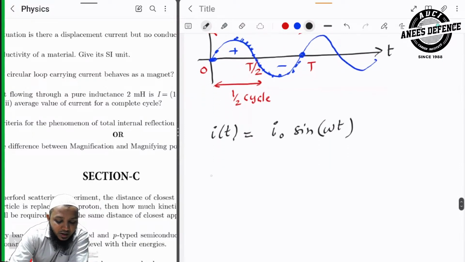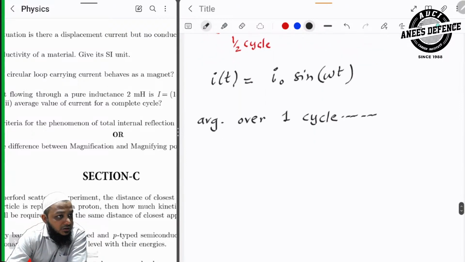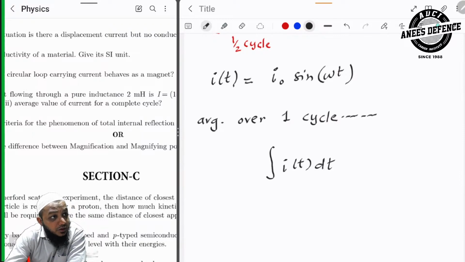Now, if you want to calculate average over one cycle, average over one full cycle, what you have to do? You have to add all the currents. Adding all the currents means integrating the current. And since the current varies with time, therefore integration must occur with time.